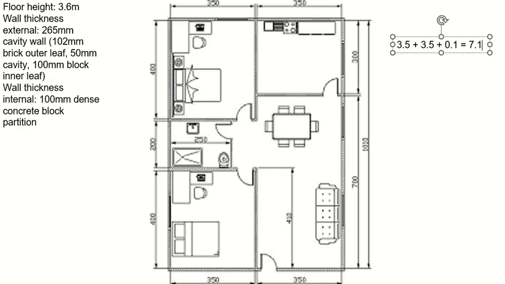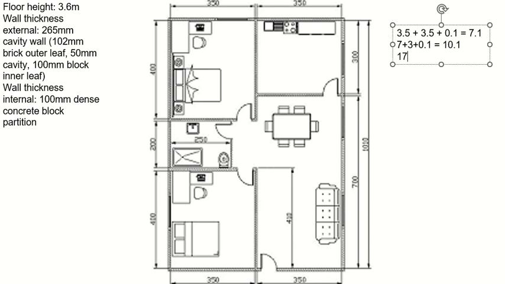Then I add this dimension, which is 700 plus 300, meaning 7 meters plus 3 meters and 1 thickness again. So 7 plus 3 plus 0.1, which is 10.1. So 7.1 plus 10.1, total 17.2, right?